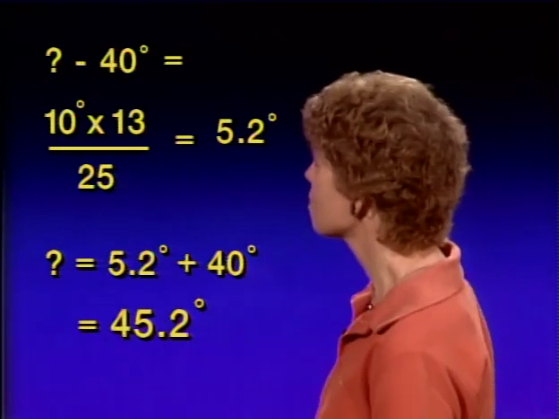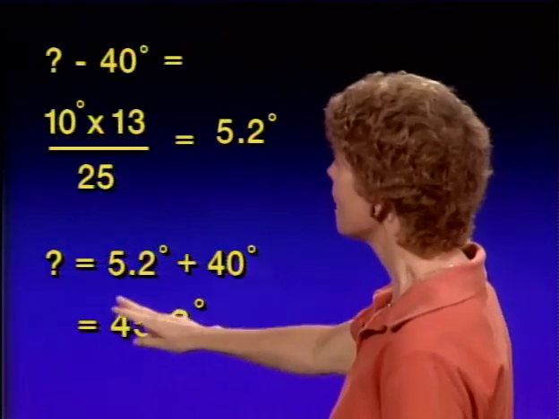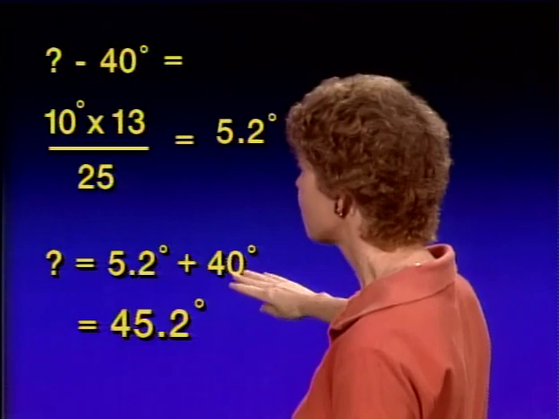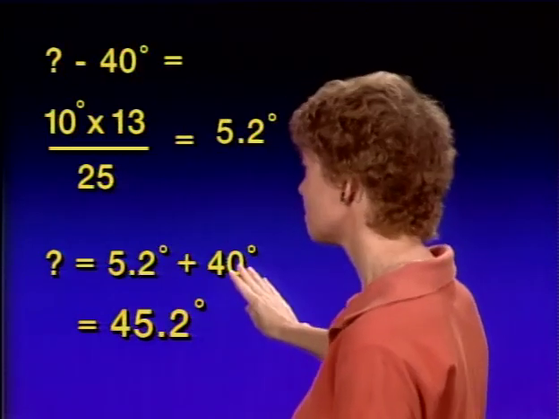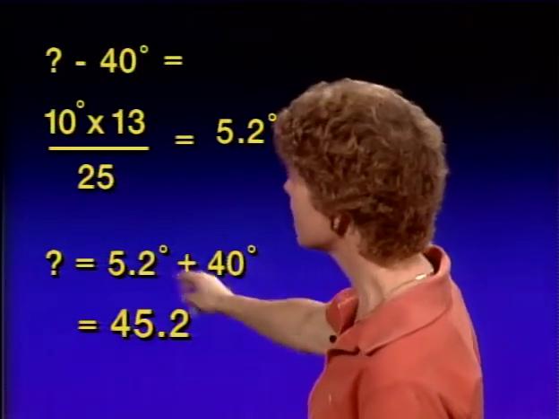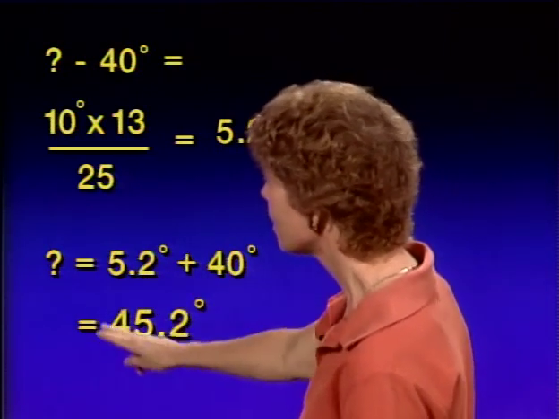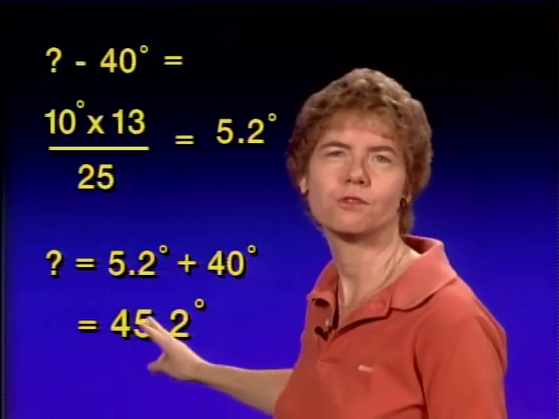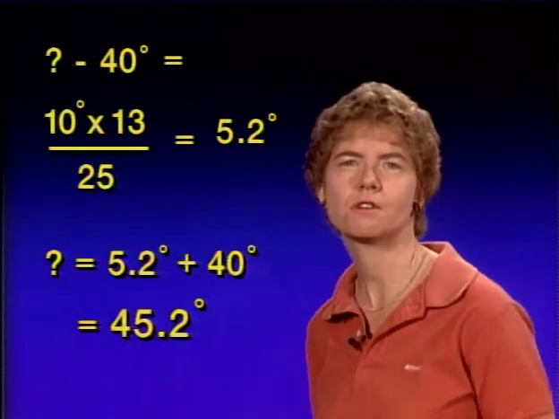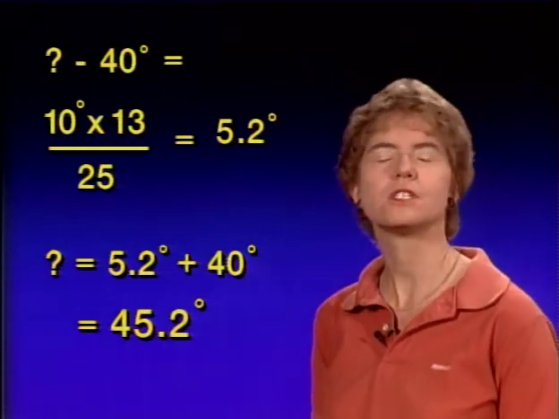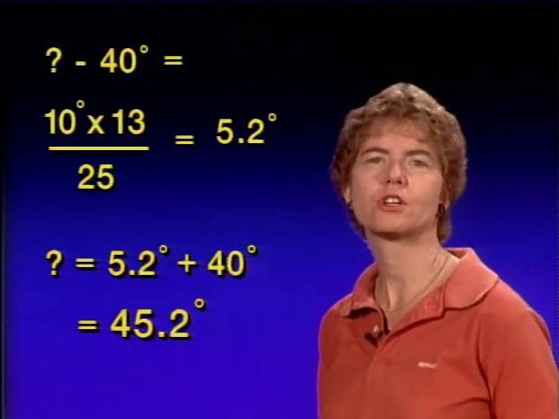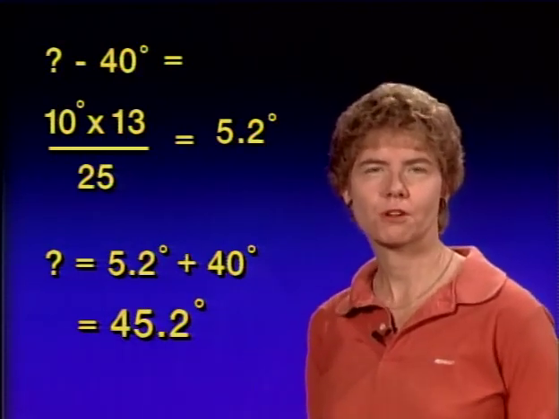So the temperature we're looking for is 5.2 degrees plus 40 degrees, which was our lower temperature. And 40 degrees plus 5.2 degrees means that our temperature is 45.2 degrees. 45.2 degrees or 45 degrees is our allowable temperature at this maximum pressure.